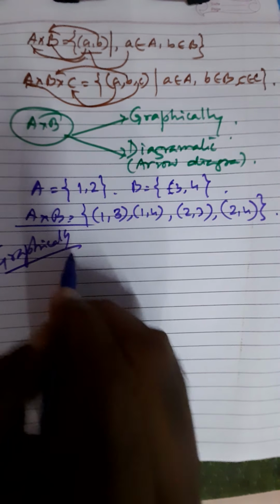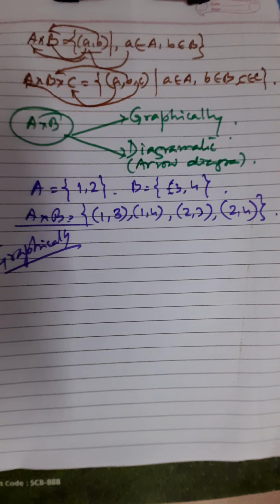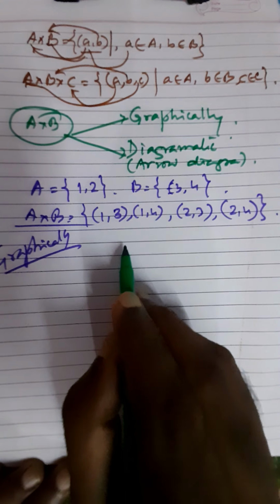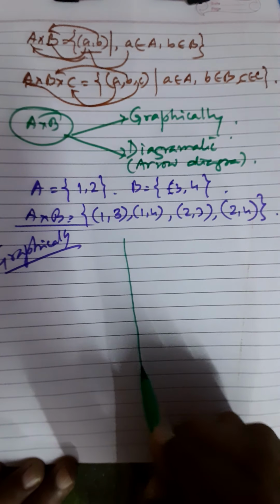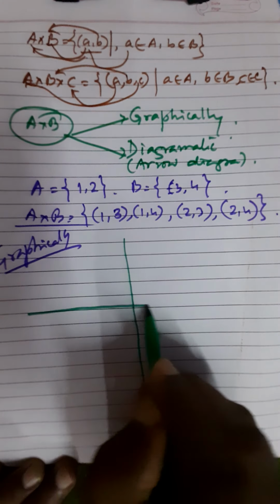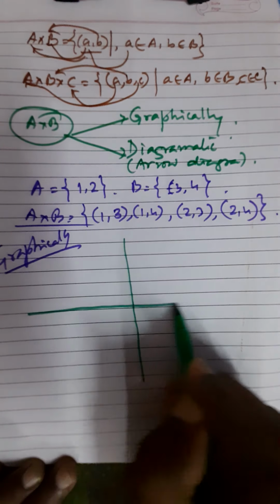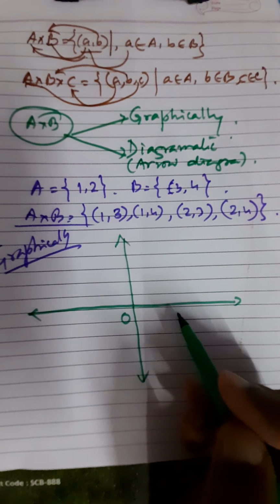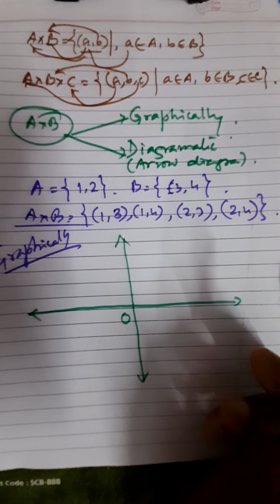Graphically, what do you have to do? The concept is all about plotting points on a graph, and you use that concept here. First you draw a vertical line and a horizontal line, and we get 4 quadrants. The point of intersection is the origin O. Now we have to plot the points.